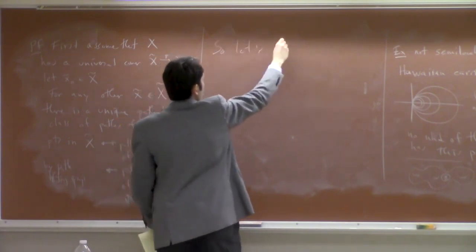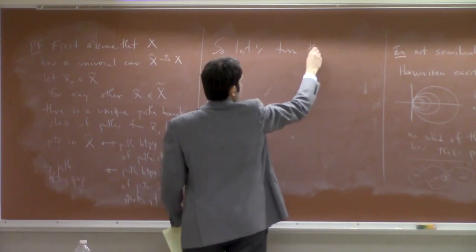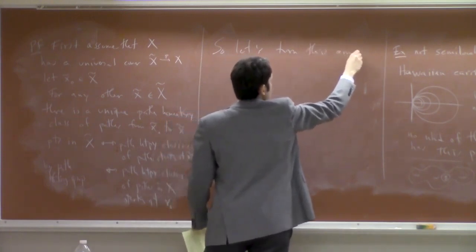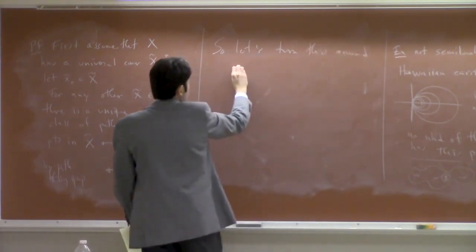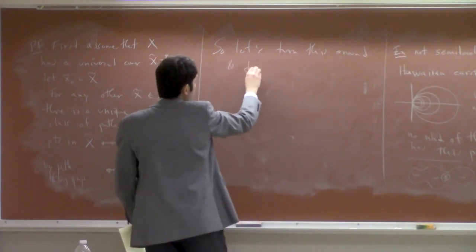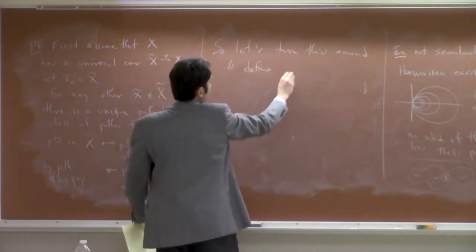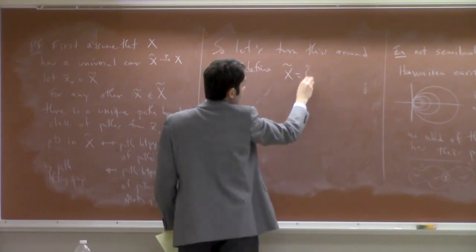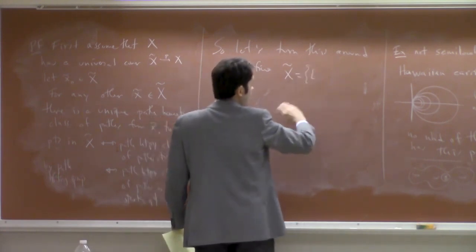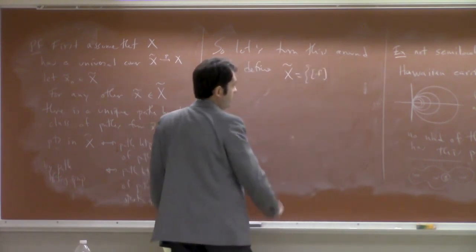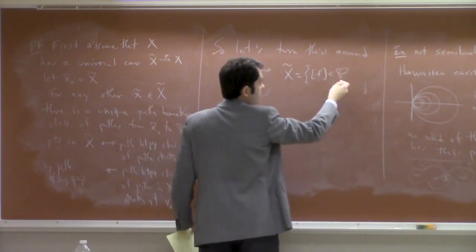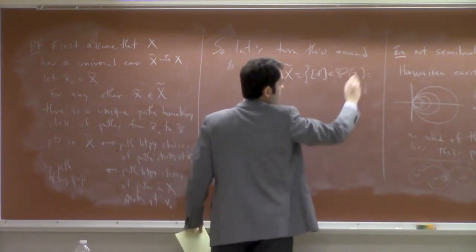So let's turn this around and define x tilde as a set to be the path homotopy classes of paths. Right? So that's an element of the fundamental groupoid of x.